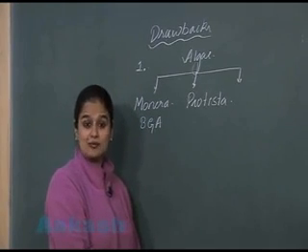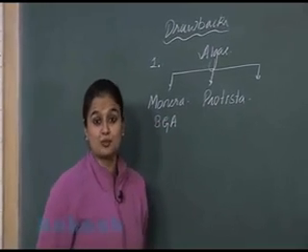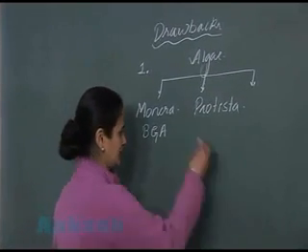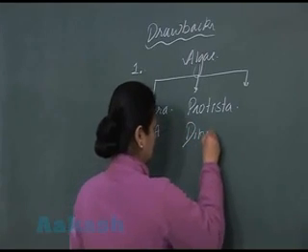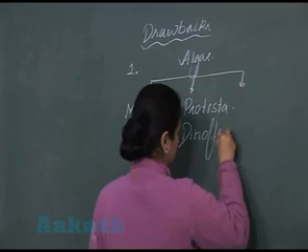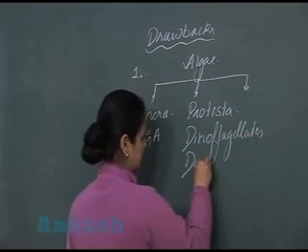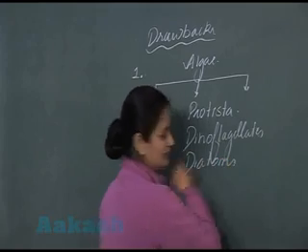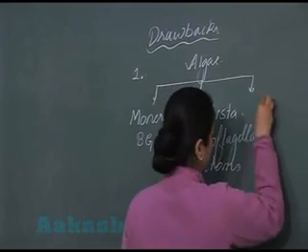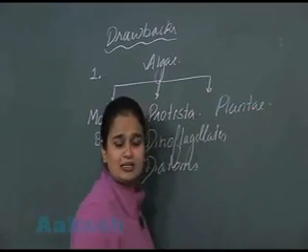Just now we have discussed Protista is booked for only unicellular eukaryotic organisms. So the algae placed under Protista are dinoflagellates and diatoms.